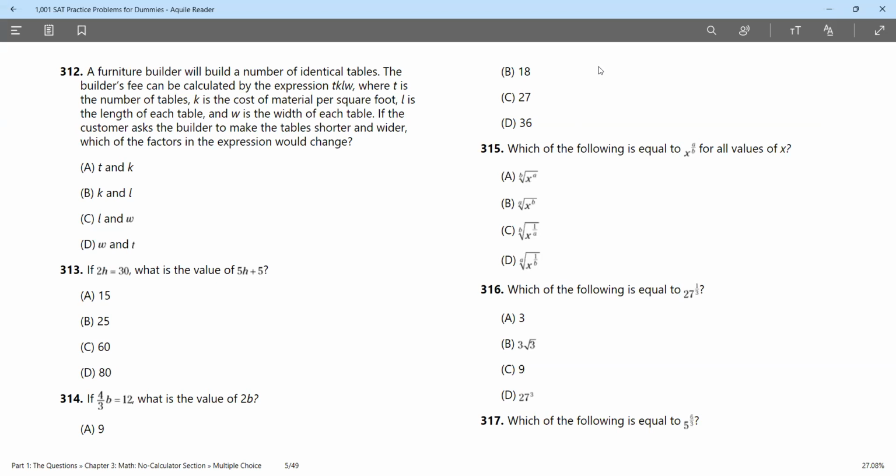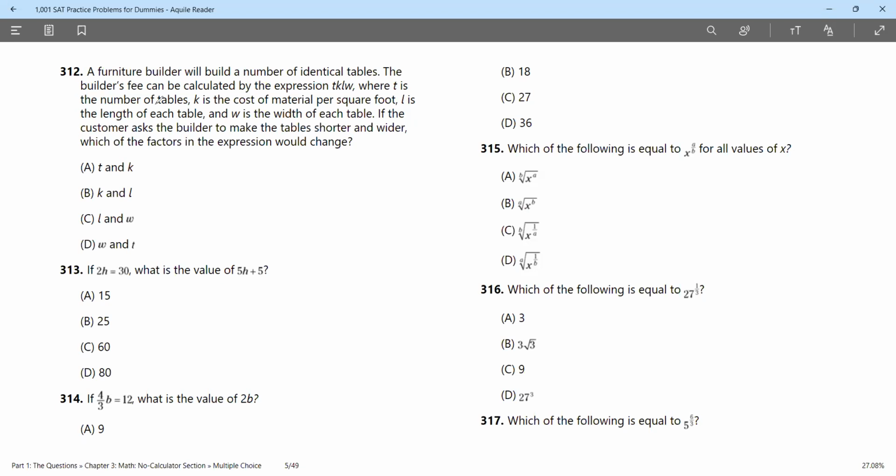Okay, let's read this question. A furniture builder will build a number of identical tables. The builder's charge can be calculated by this expression, T times K times L times W. T is the number of tables, K is the cost of material per square foot, L is the length of each table, and W is the width of each table.